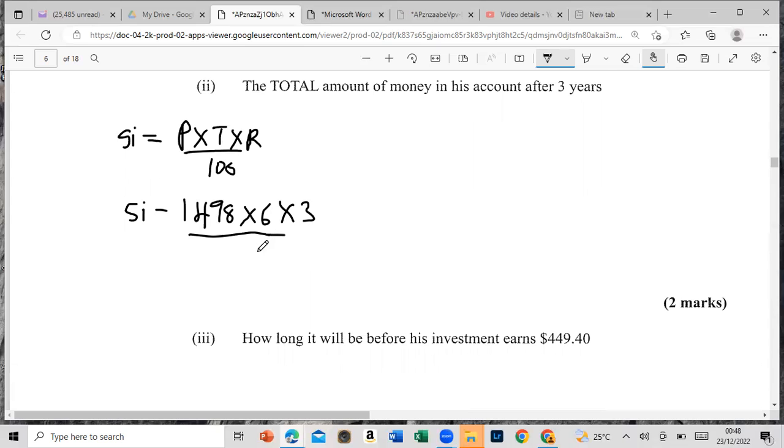Remember now, money. Let's work out this and see how much it gives us. So it will be 1,498 times 18, which works out to 26,964.